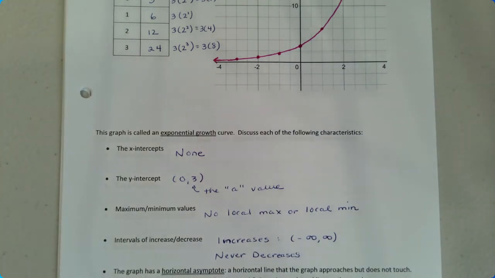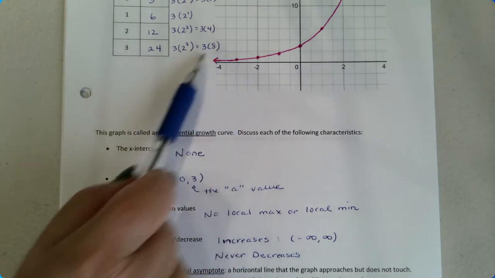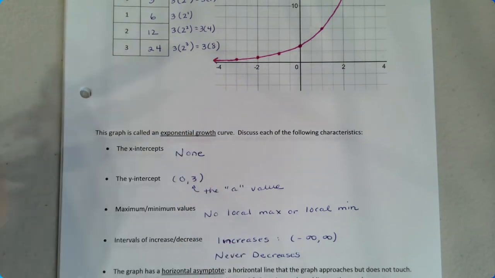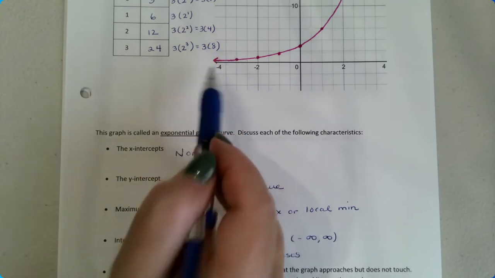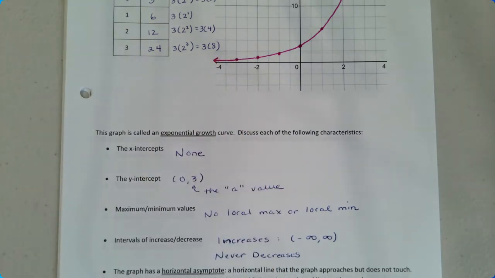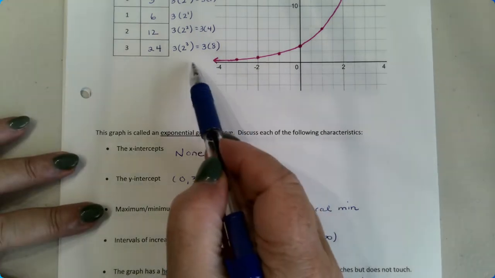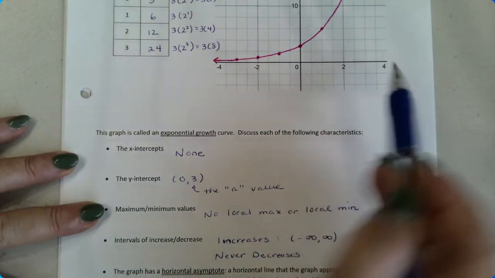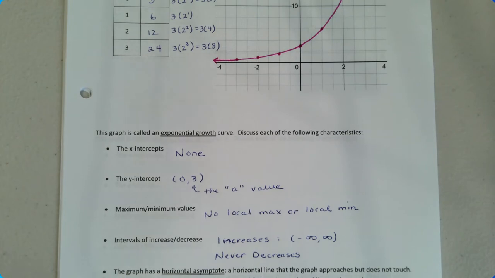All right, ready to talk a little bit more about this behavior. We said that this graph was going to get very, very close to the x-axis, but won't actually touch it or cross it. This kind of behavior, where we get really close to a line but don't touch it, is called an asymptote. And because the x-axis is a horizontal line, in this case we call it a horizontal asymptote.